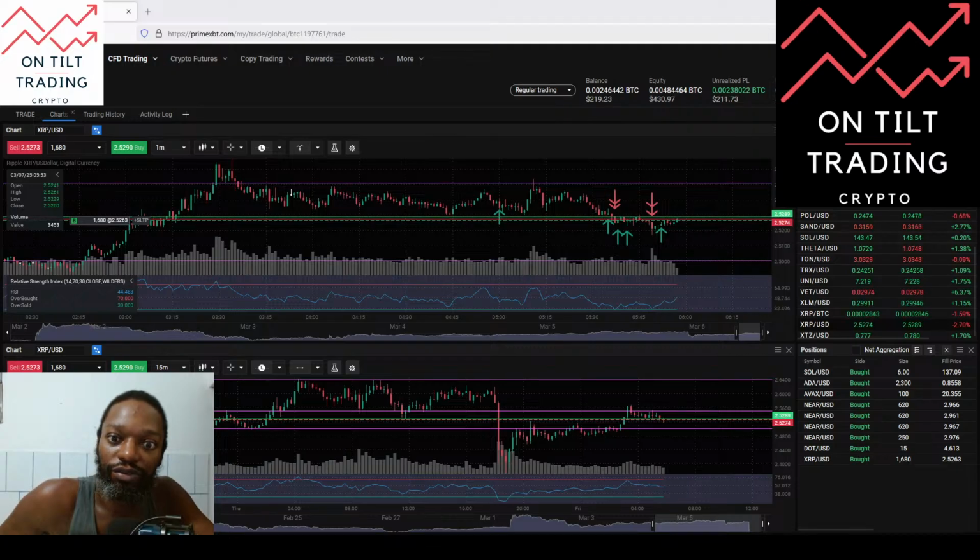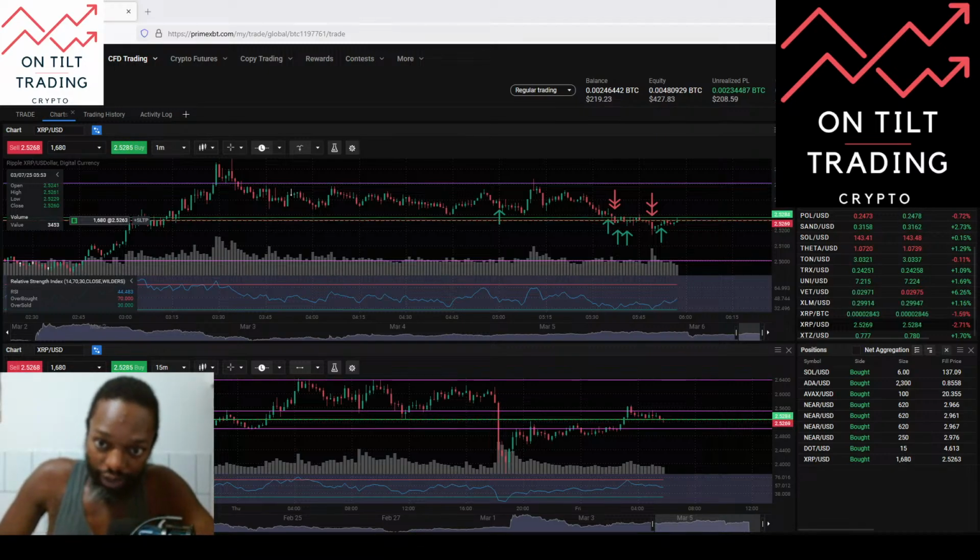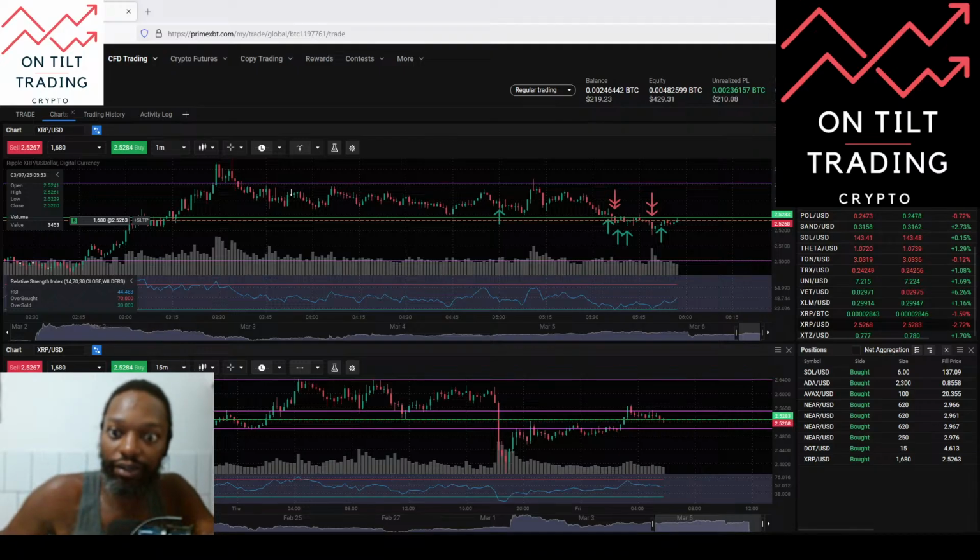This is something of interest to me. When you have activity, when you have a higher number of transactions happening, to me it shows that it is an area of interest. People are interested in this area. They're interested in buying in this area. They're interested in selling in this area. We can see from this candle.